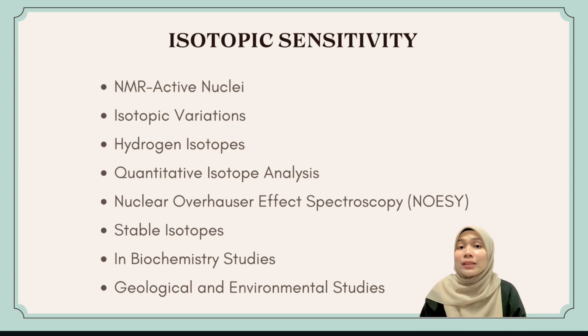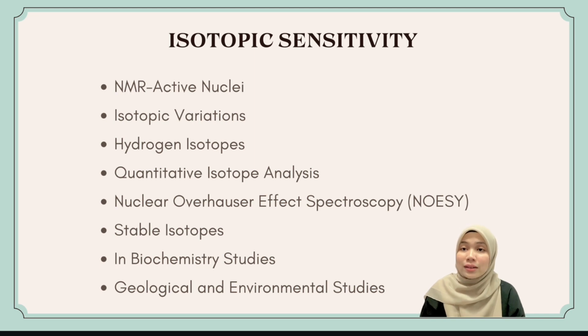NMR enables quantitative isotope analysis by comparing the signal intensities, offering insights into isotope distribution within molecules. Techniques like nuclear Overhauser effect spectroscopy leverage isotopic sensitivity for spatial proximity information between nuclei.